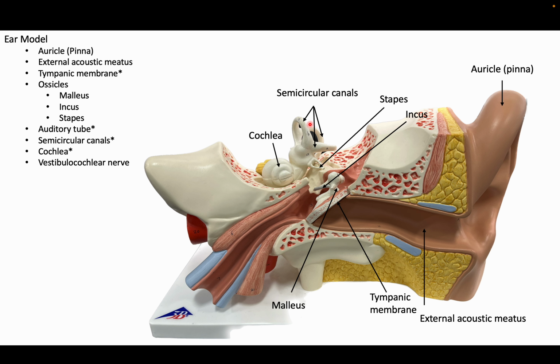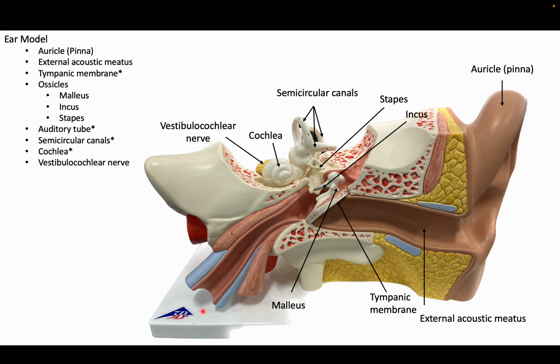The nerve that sends the signal to the brain is called the vestibulocochlear nerve. This is the nerve that sends the auditory information to the temporal lobe of your brain for processing hearing information.